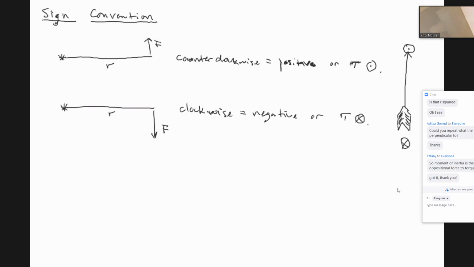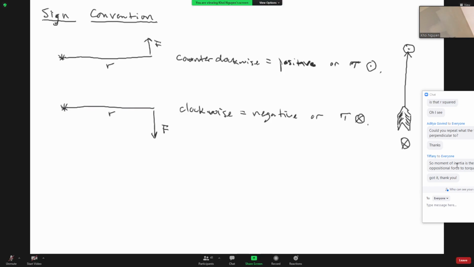So if you see the feathers, it's going away from you, and if you see the dot, it means it's coming at you. Cool? That's what that dot and X notation stands for. We'll see this dot and X notation again when we talk about magnetic fields and electric fields. So don't be surprised. Just means it's direction.